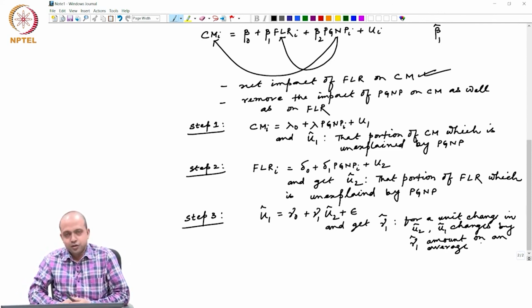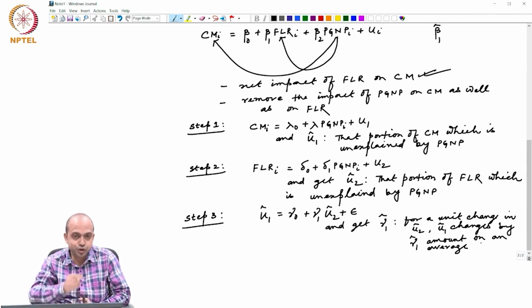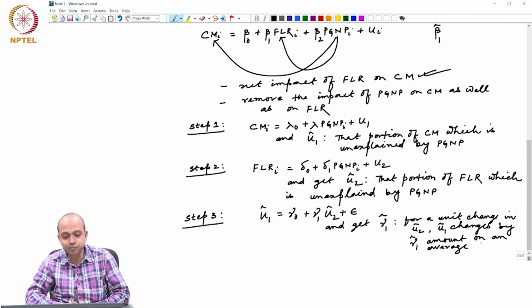Okay. All right. For a unit change in u2 hat, u1 hat changes by gamma 1 hat amount on an average. But then what is u2 hat? u2 hat is basically the unexplained portion of FLR, which is free from PGNP. And what is u1 hat? u1 hat is basically unexplained portion of CM, which is free from PGNP.